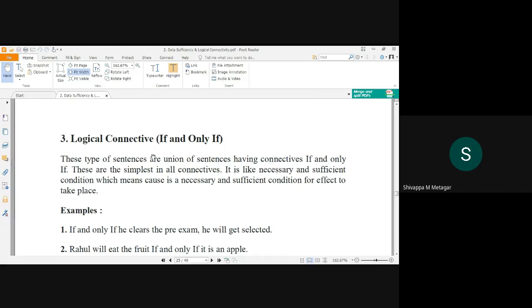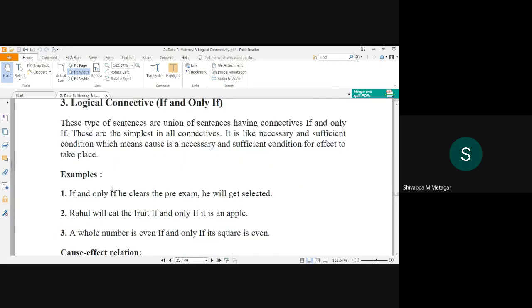Just see the examples: if and only if he clears the pre-exam, he will get selected. Second example: Rahul will eat the fruit if and only if it is an apple.